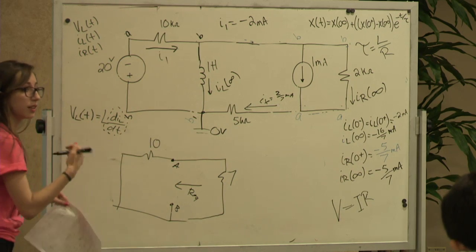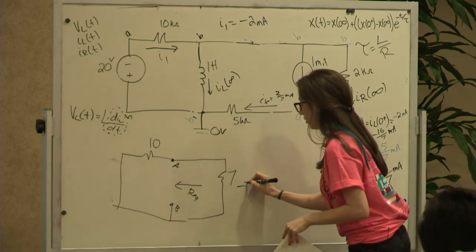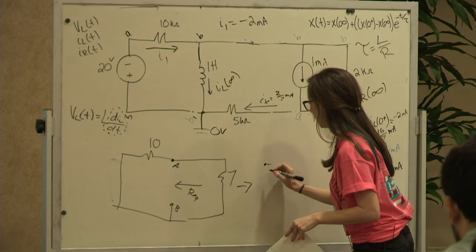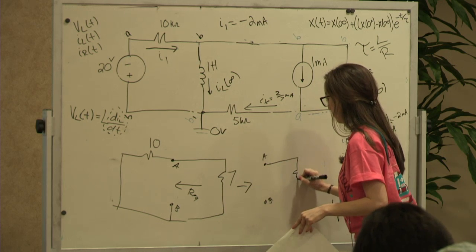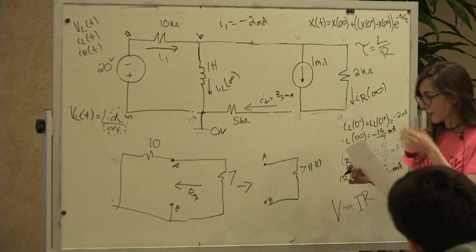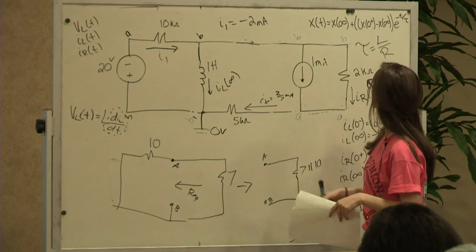Do you guys see that? Because you want to find whatever's in parallel to your A and B. So 7 parallel 10, 70 over 17.